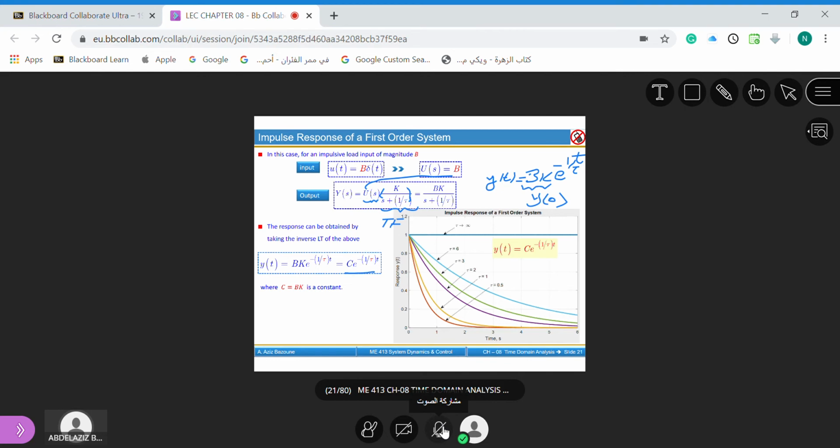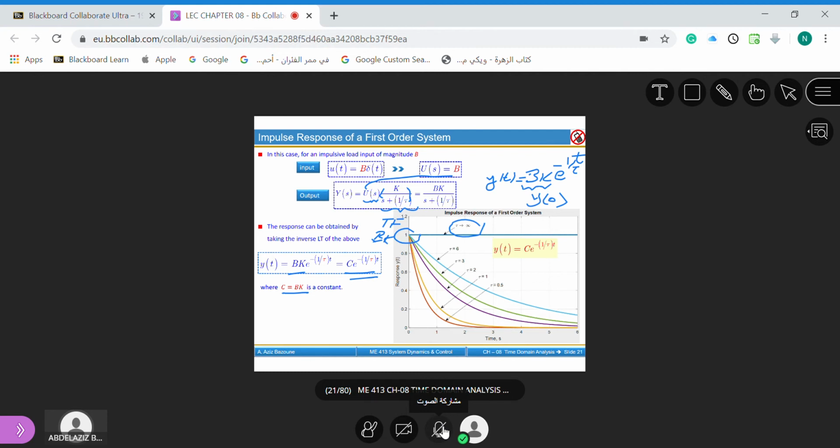So it is a constant times exponential -1 over tau T, where C here is equal to BK. So it is exactly the same response. When tau goes to infinity, the exponential becomes 1, and the value here is simply BK.